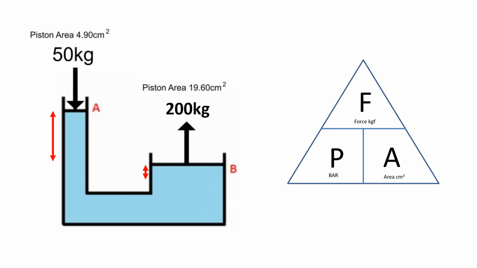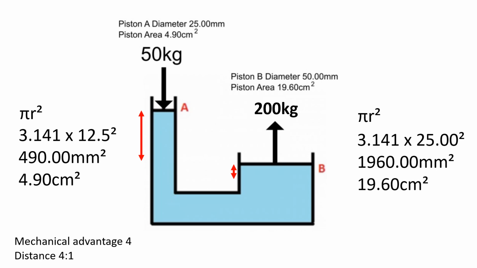Let's quickly review the relationship of surface area, pressure, and mechanical advantage. For convenience, we'll be using the derived units of kilograms for force, bar for pressure, and we'll specify surface areas in centimeters squared. Pistons will usually be specified as a diameter, so we'll need to convert that diameter into surface area. We use the pi r squared formula to convert diameters to surface area.